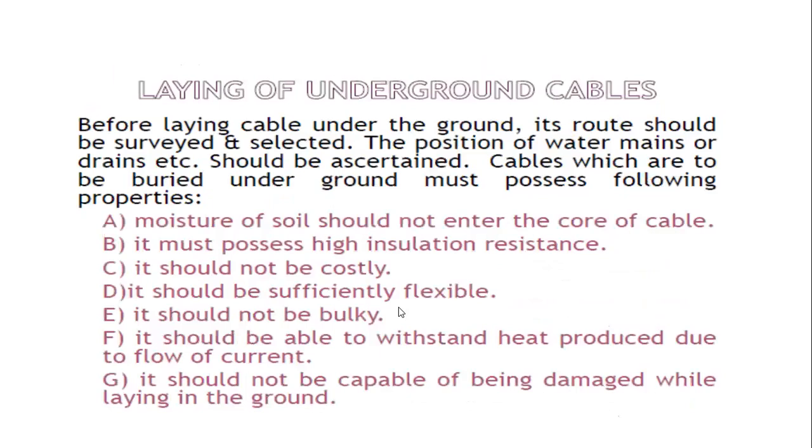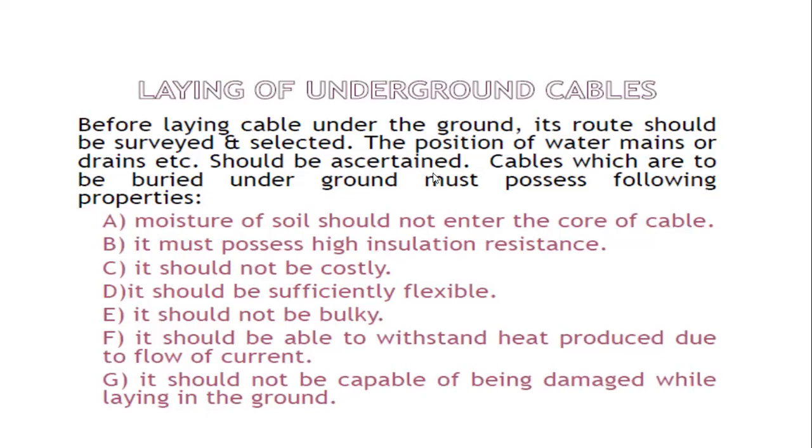Up to this, we have discussed what is meant by underground cables and why we are using them, what the different types of insulating materials used for underground cables are and their properties, what the types of underground cables are, which types of faults will be obtained in underground cables, and the comparisons, advantages and disadvantages of underground cables.